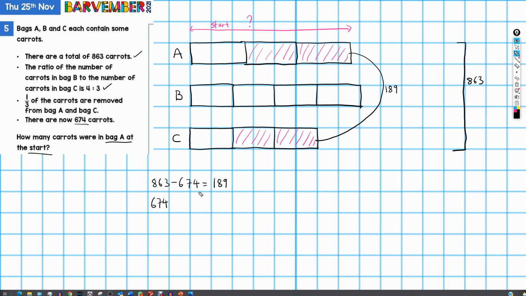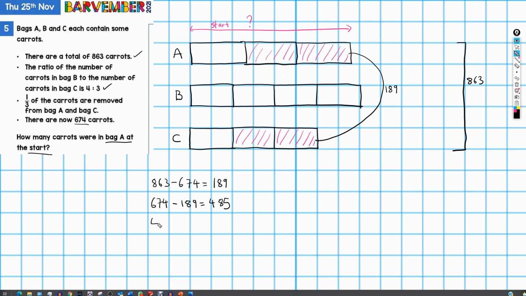I need to take away 189 again. Take away 189 gives me 485, if I write it correctly. So that's 485, these, these, and this. I think you can see where I'm going now. I then want to take these 2 away, and then it's going to leave me with these 4 equal parts.